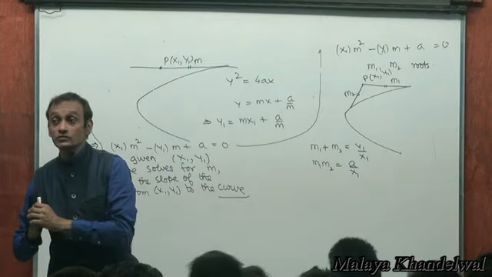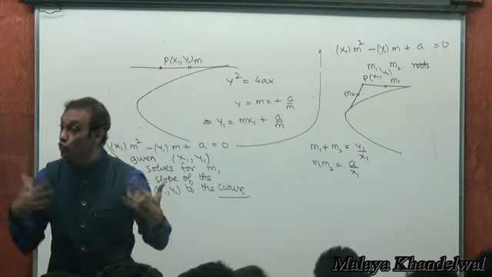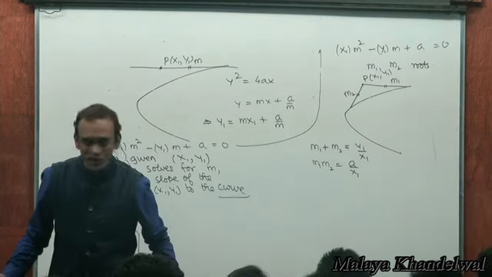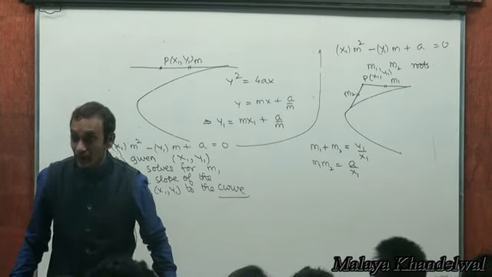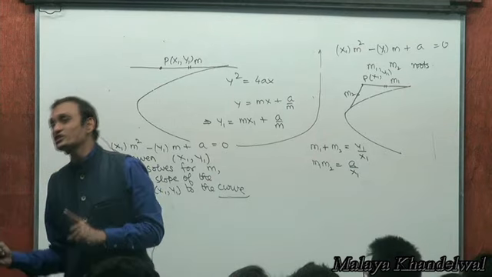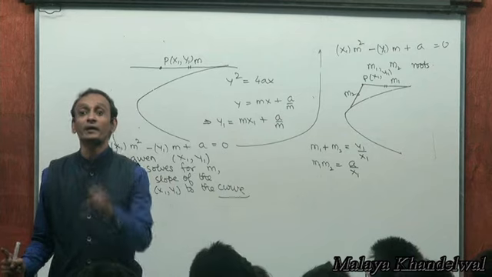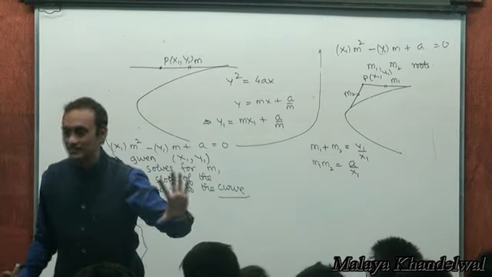Now the question is, what's the guarantee that m1 and m2 are real numbers? Only if m1 and m2 are real numbers do you have real tangents from x1, y1, isn't it? In order to have two distinct real tangents from x1, y1 to the curve, m1 and m2 should be real and distinct, right?